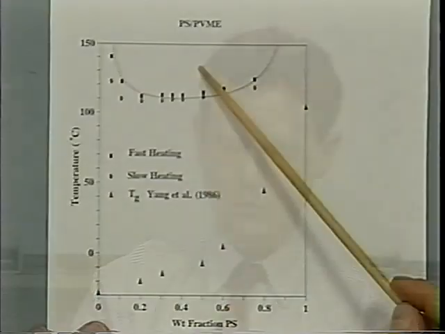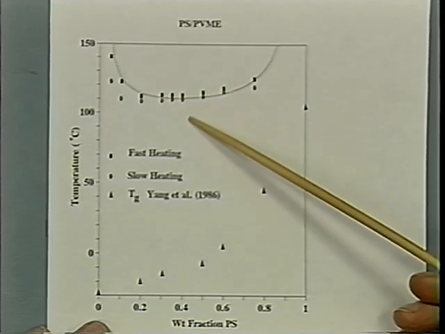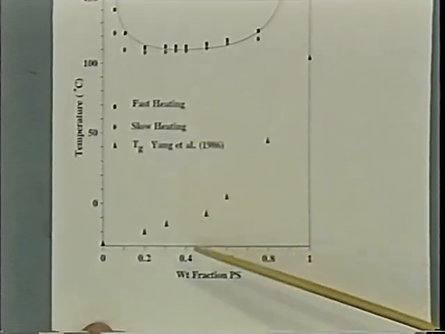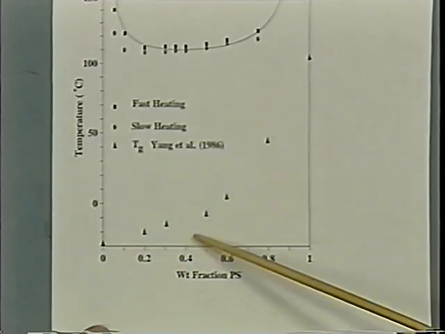The phase behavior is characterized by a phase transition at about 110 degrees. If you go beyond 110, the sample is two-phase, and below 110, it's a single phase. If you go to even lower temperatures, the material undergoes a glass transition.